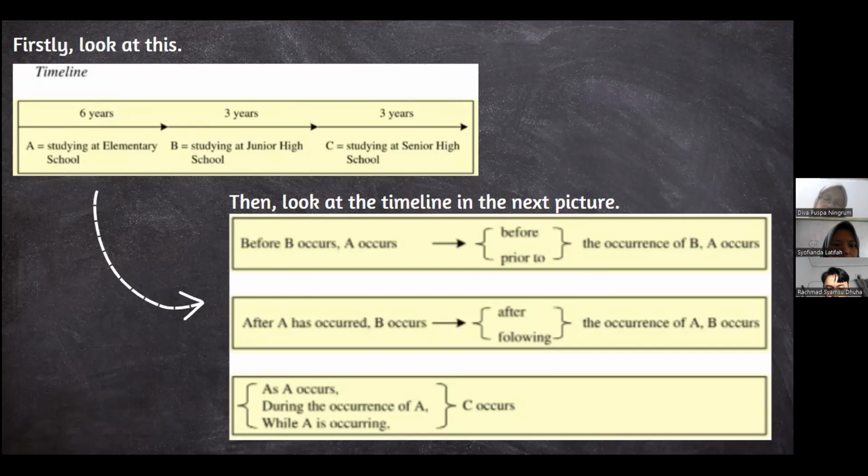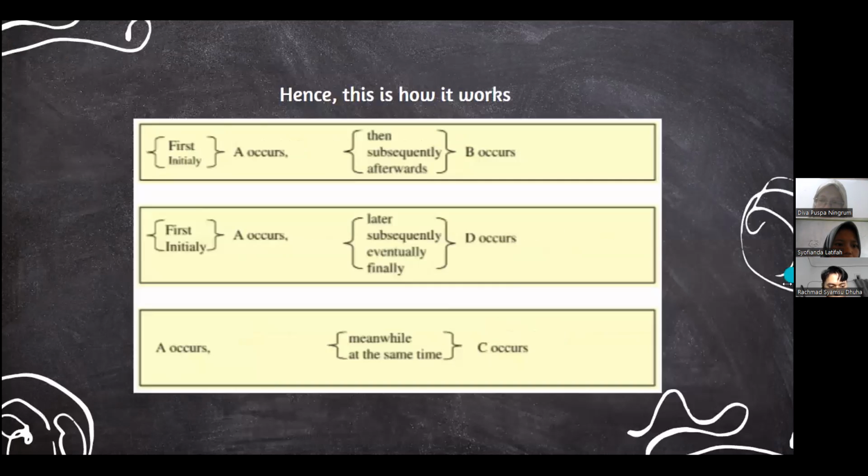At the next slide, please. So this is how it works. First, or initially, A occurs, and then we can take one of three words, for example, then, subsequently, and afterwards.